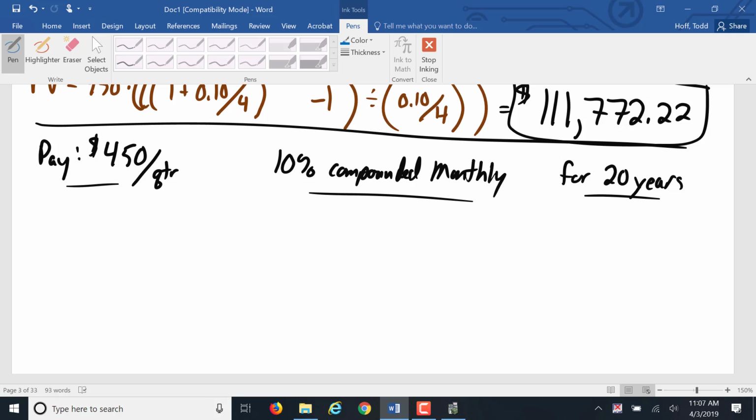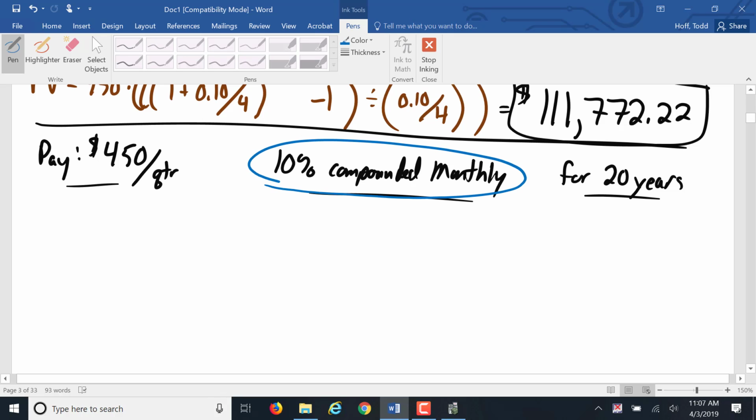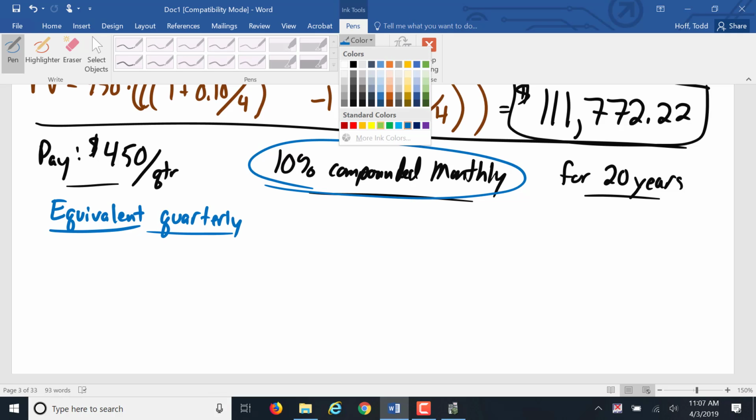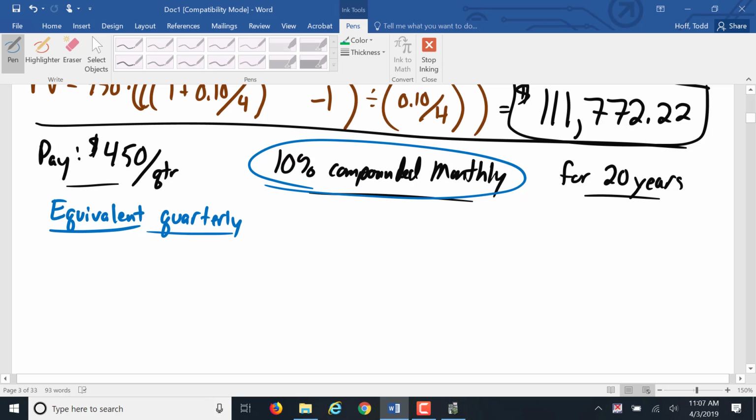What we have to do here is take this 10% compounded monthly and convert it into an equivalent quarterly rate. And what we're going to do there is go back to our compound interest, present and future value, and find an effective rate for 1 quarter.